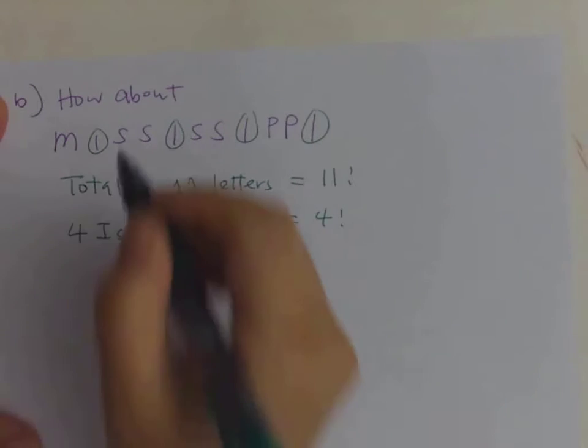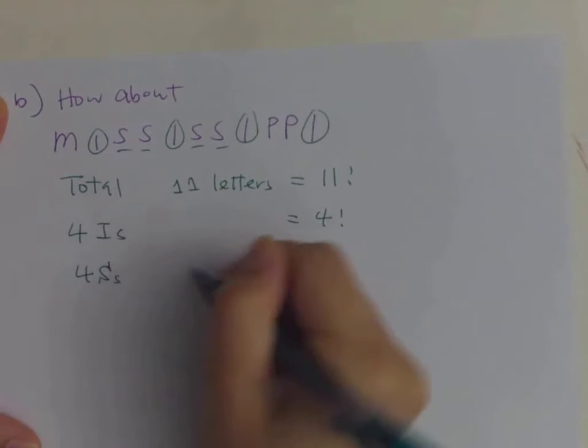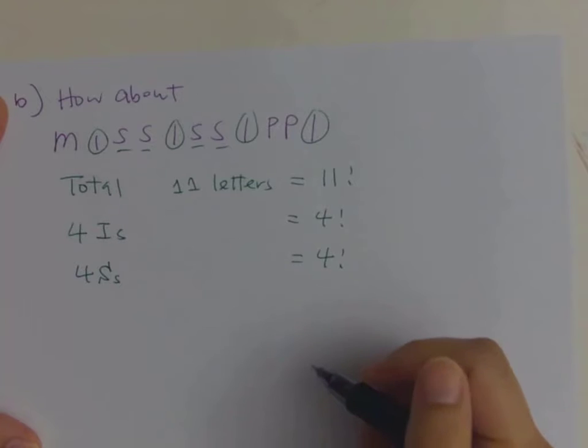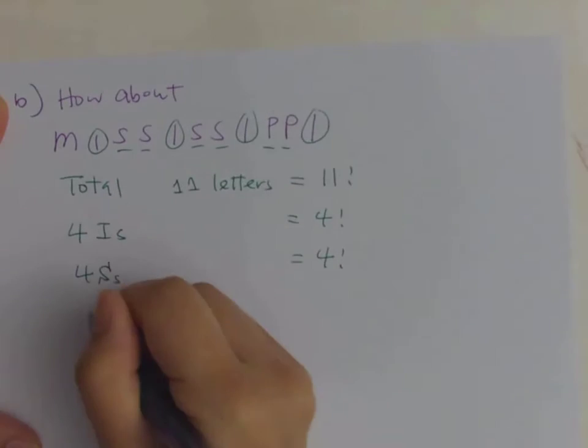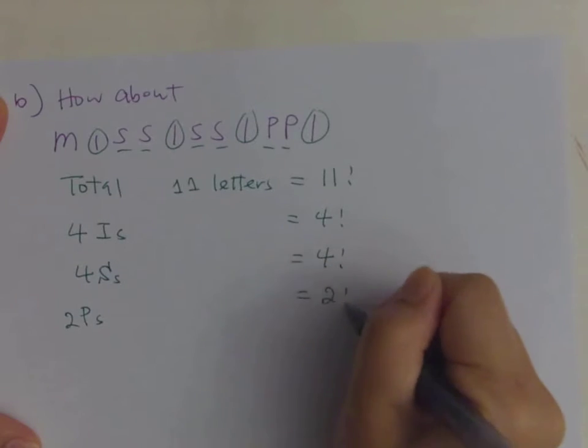And then how many S's do I have? 1, 2, 3, 4 S's. So that would be another 4 factorial. And then I have 2 P's. So that would be 2 factorial.